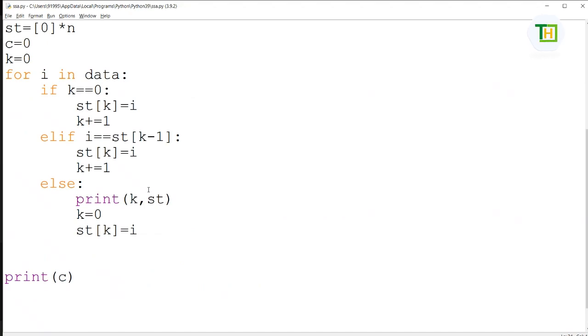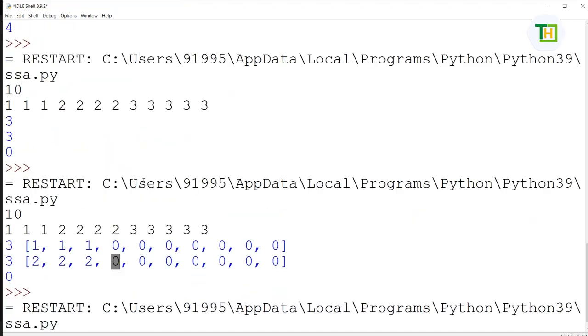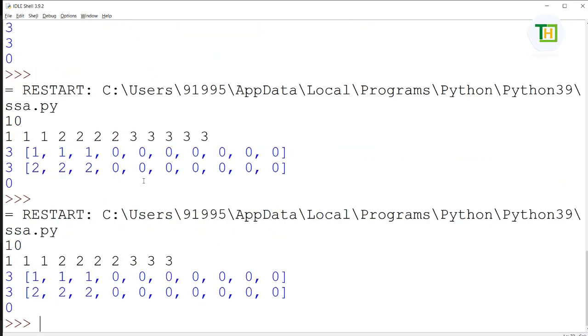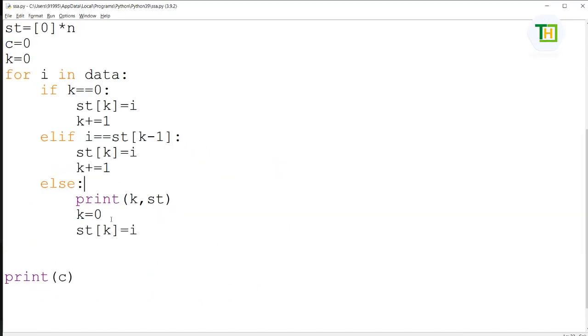If I'm going to execute, it is 1, 1, 1, 2, 2, 2, 3, 3, 3, right? It will be 2 and 2 again. It is not working here.